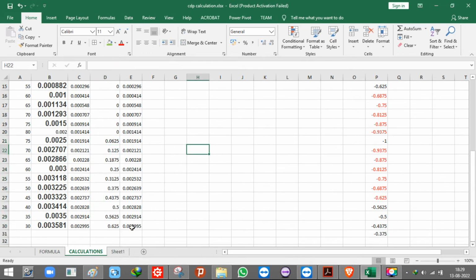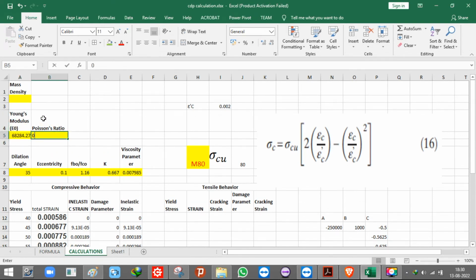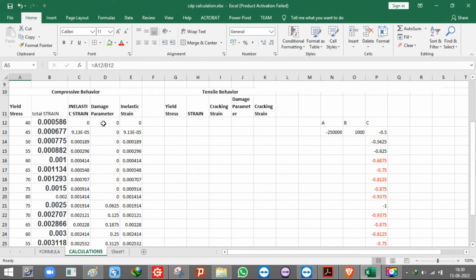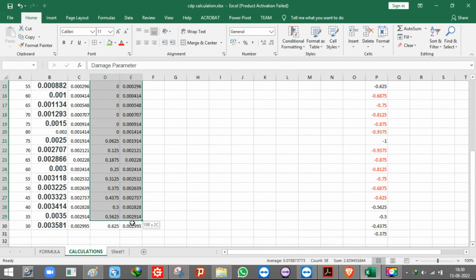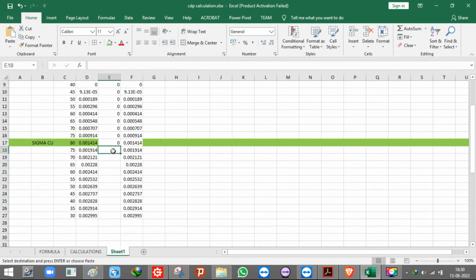Okay, so these are your damage values. Now one more thing I need to tell you, that here Poisson's ratio, you know, for concrete it will be 0.2. Now this is my modulus of elasticity value. So this is the damage parameter. So the complete compressive behavior has been obtained. So yeah, we need these values.